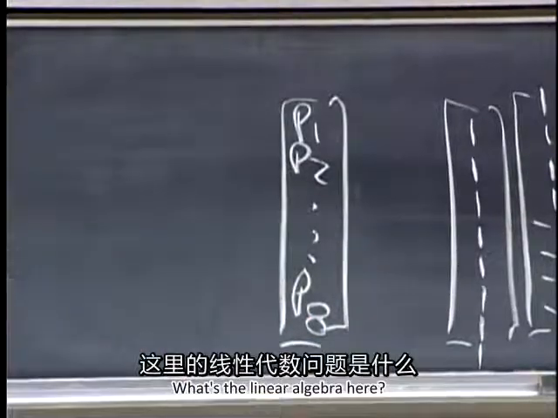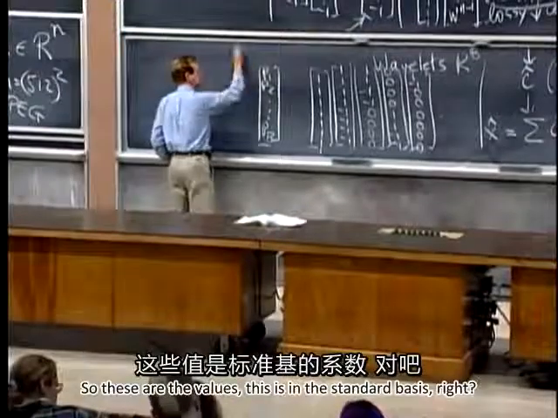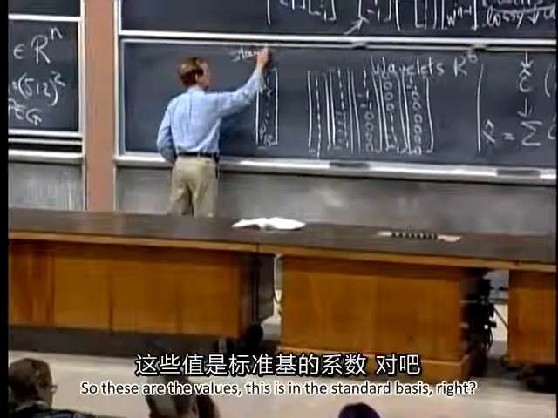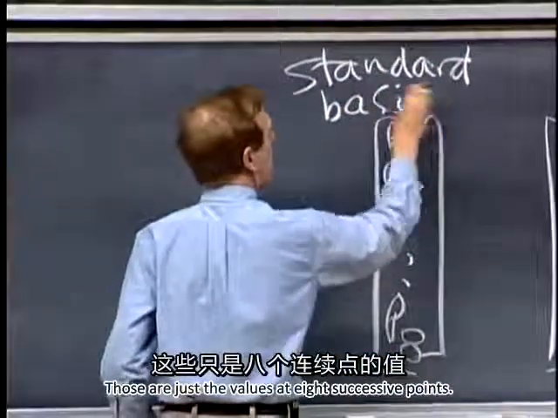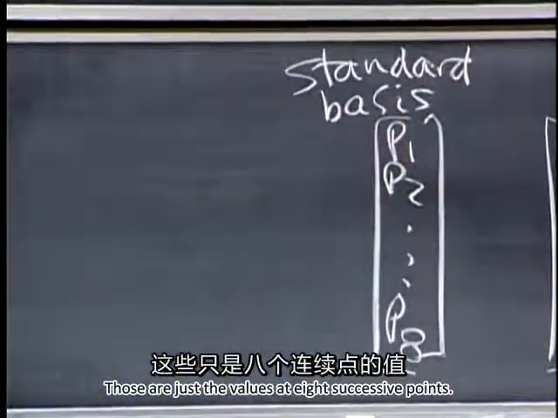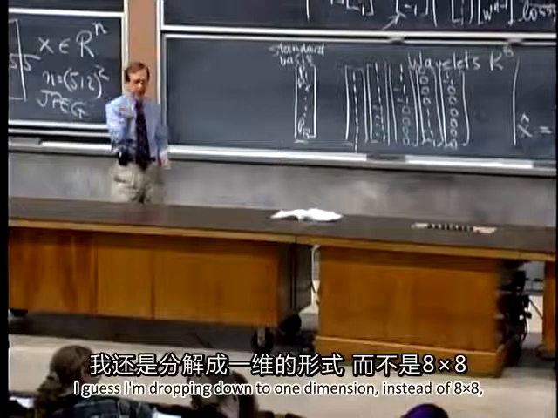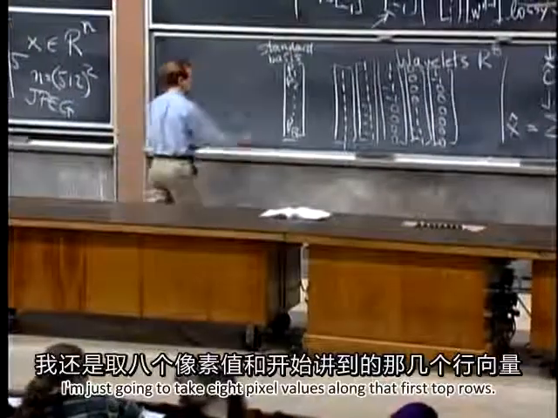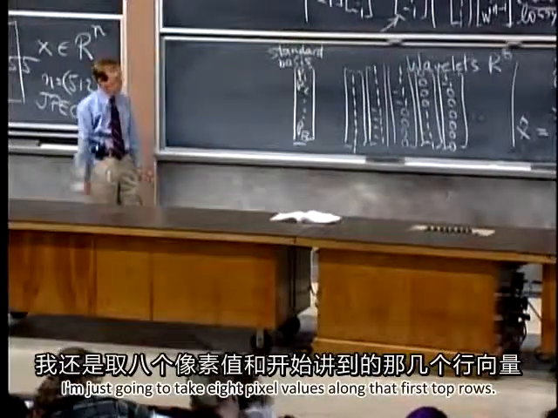What's the linear algebra here? These values are in the standard basis, just the values at 8 successive points. I'm dropping down to 1 dimension. Instead of 8 by 8, I'm just going to take 8 pixel values along that first top row.